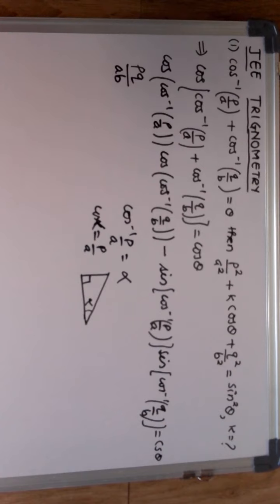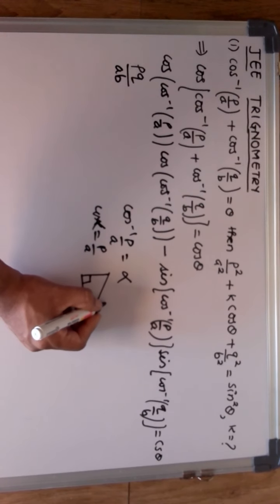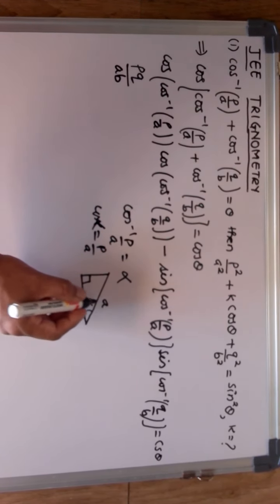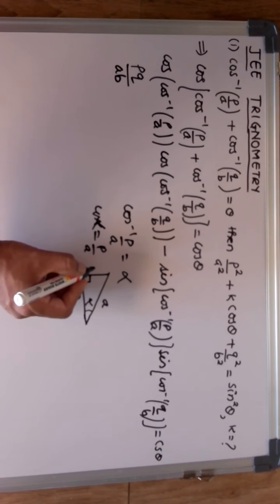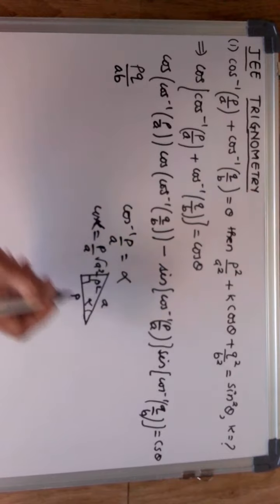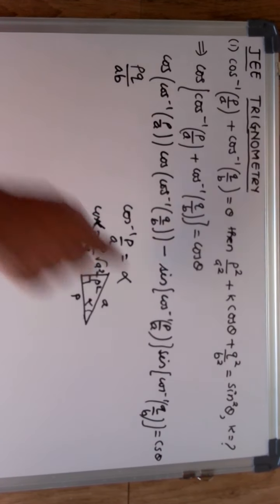So cos alpha, by definition, is nothing but adjacent to hypotenuse. So obviously this will be under root A square minus P square, right? So from that, this now becomes sin alpha.